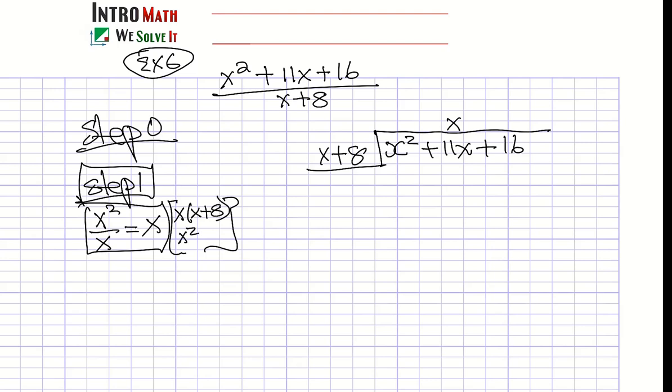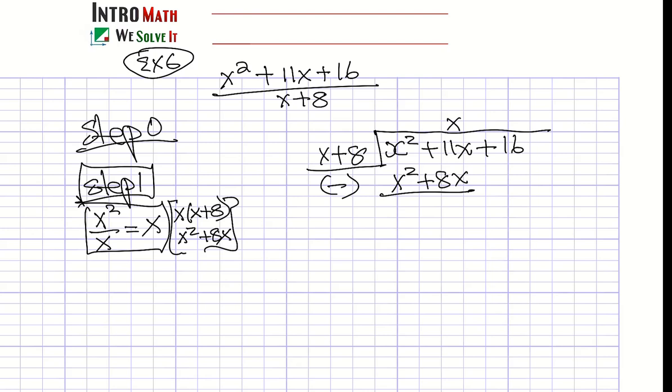You get x squared plus 8x. You see that, right? So you put it there. Whatever you got, you put it here: x squared plus 8x. Okay. Checking if I messed up. I didn't mess up. You subtract. The first one always cancels out. The 8 becomes negative because we're subtracting.